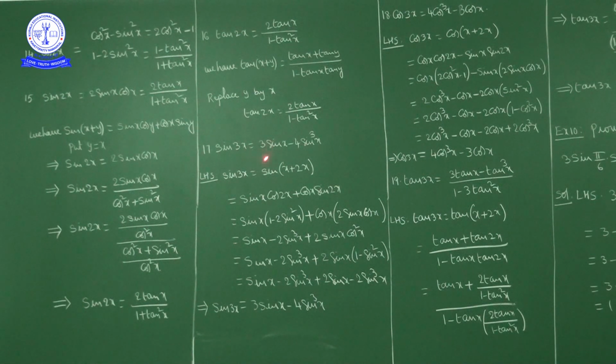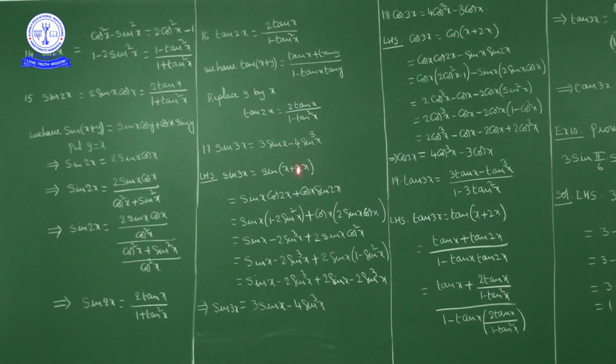Now, sin 3x formula: sin 3x is 3 sin x minus 4 sin cube x. Proof: 3x I'll write as x plus 2x, sin of x plus 2x. Sin x plus y formula is sin x cos y plus cos x sin y.